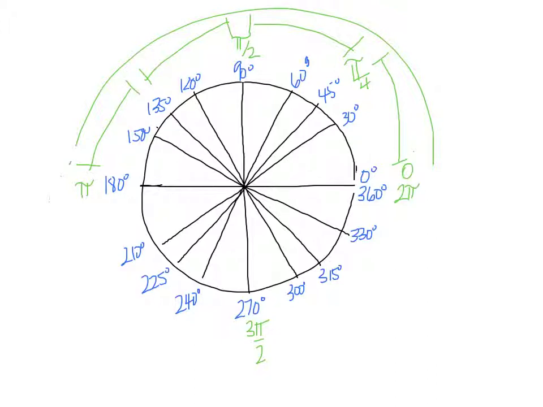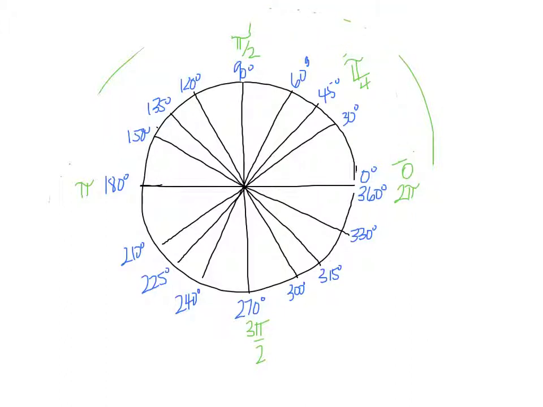So that's 4 pieces. That's where I get pi over 4, because my pi is being divided into 4 pieces. So 45 degrees would be pi over 4.